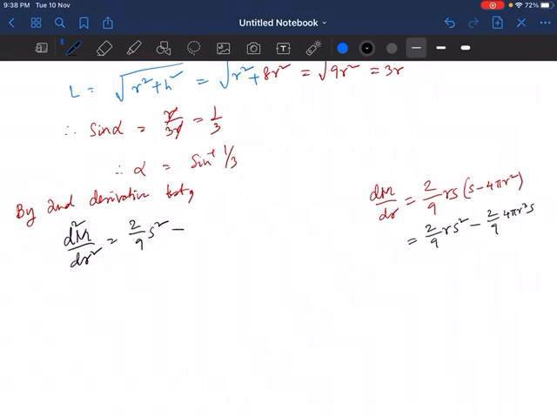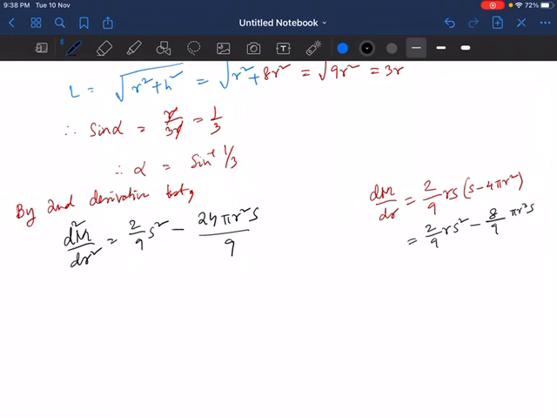So let me write that together as 8 by 9 pi r cube. If I differentiate this one, we are getting 24 pi r square s by 9. So this is what we have.